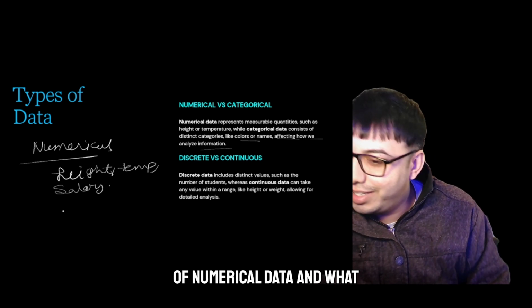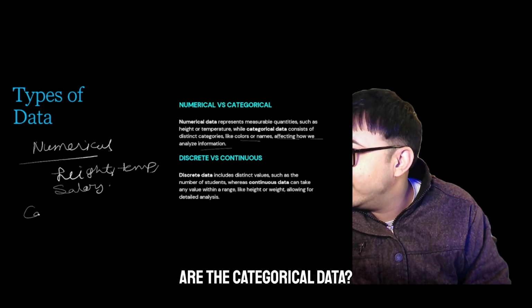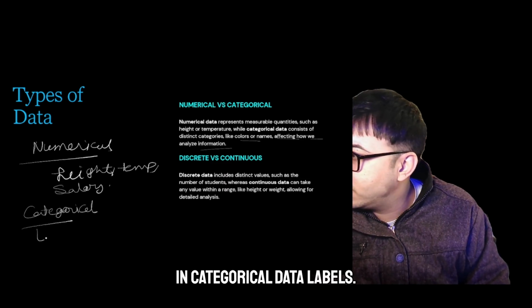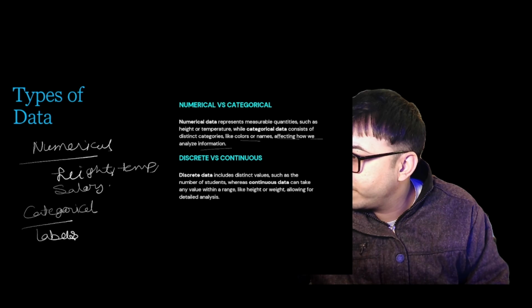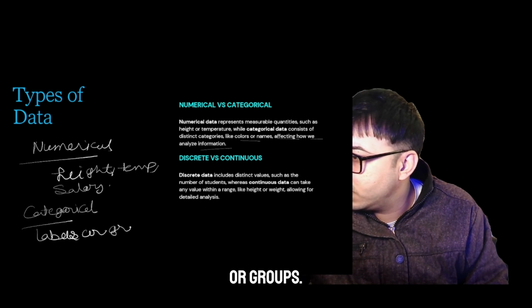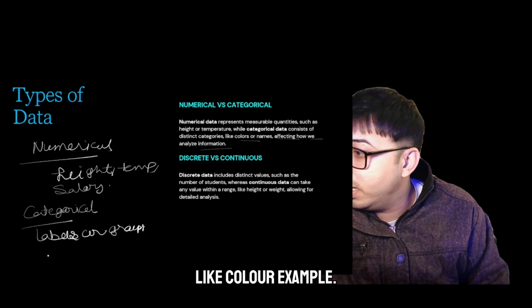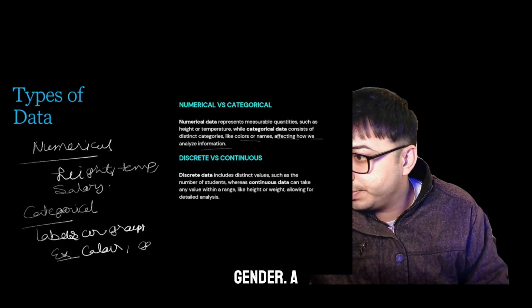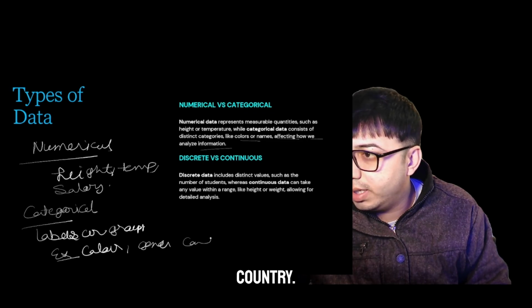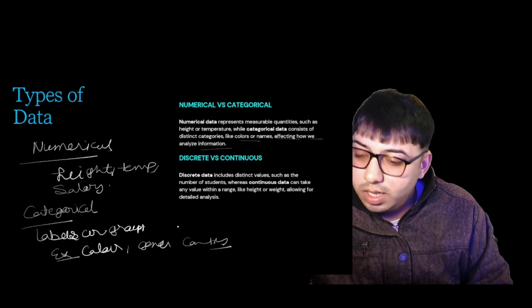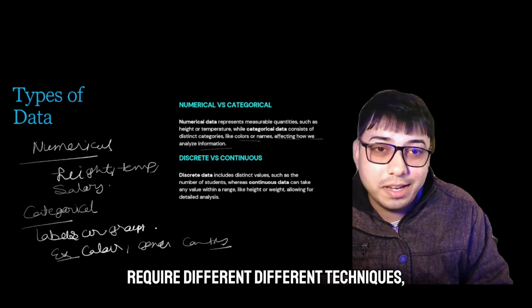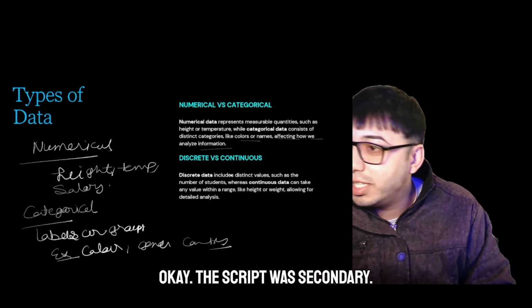And what is categorical data? In categorical data, we have labels or groups like color, for example, gender, country. Different data types require different ML techniques. Discrete versus continuous.